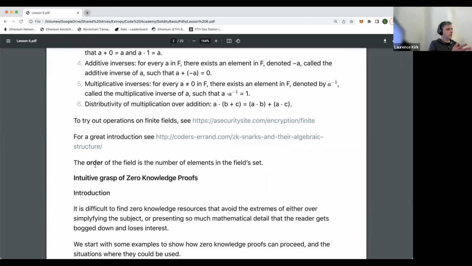Now, in the cryptography that we do, and with zero knowledge proofs, we have very large fields, but they are finite fields. So there is a maximum number, and it's often roughly 2 to the power of 250 something. So as you understand, that's a very large number of elements in the field.